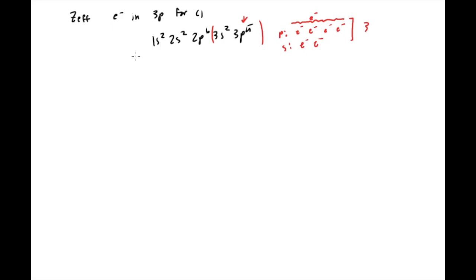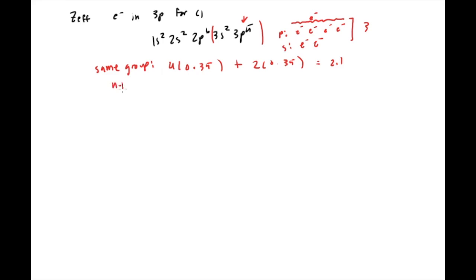That means that for the same group contribution, we have 4 times 0.35 plus 2 times 0.35. If you plug this into our calculator, we end up with a value of 2.1.